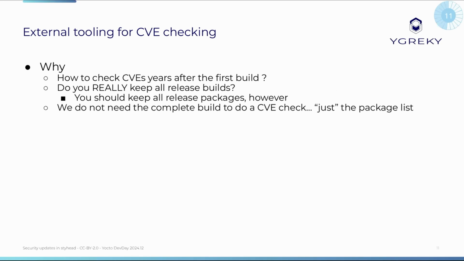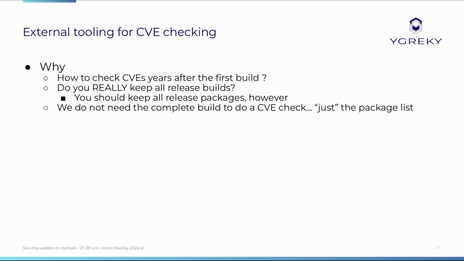Then it is now possible to use external tooling for CVE checking, and why it has turned out this way. So, have you ever had the problem of having to support a device for years?